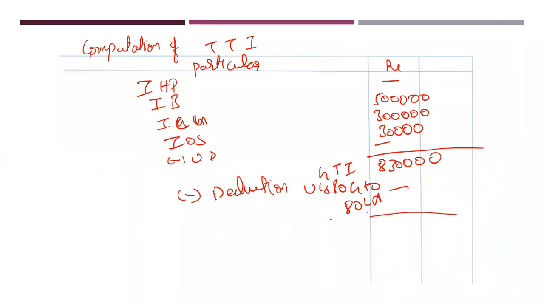So my total taxable income will be 8,30,000. Very good. The answer whatever you have given is correct. Any doubts till here? Can we proceed further? Yes, sir. Okay, very good.